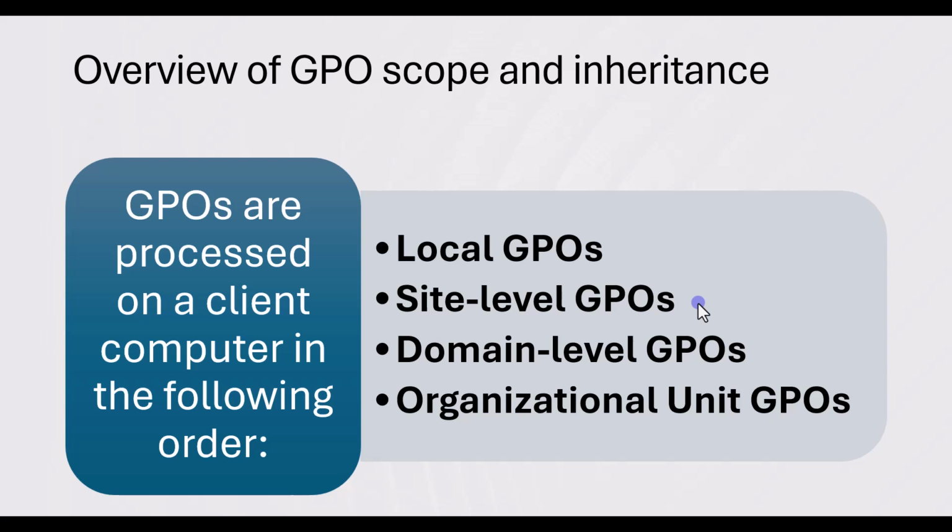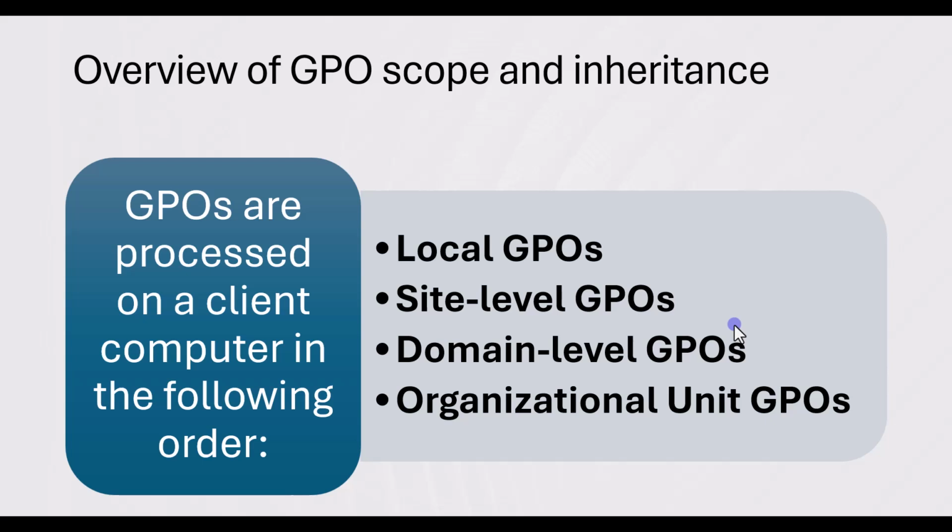This time, the site level GPO will win because it has precedence over the local GPO. In the same way, if the site level GPO is saying you can have a certain level of access to maybe the network settings of a computer, and then there is a configuration at the domain level, where all the users and computers are, saying that you cannot have access to the network settings of computers at all, then the domain level GPO will win.